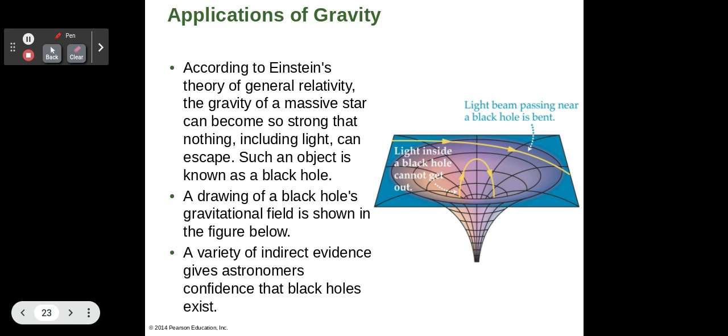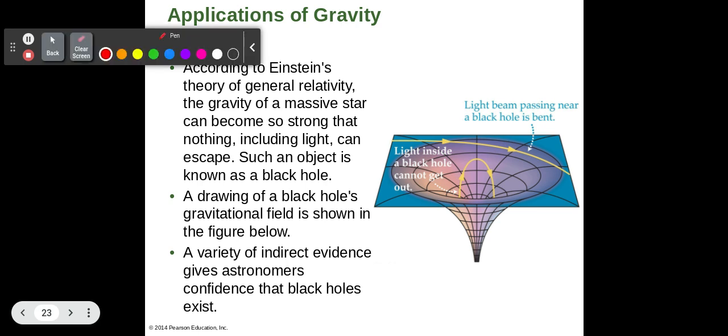So it is theorized that as a star becomes bigger and bigger, it can get so big that nothing can escape it. By escape it, I mean it has a gravitational attraction for everything, and that gravitational attraction can't be overcome. So nothing can escape, even light. And that's what we know as a black hole.